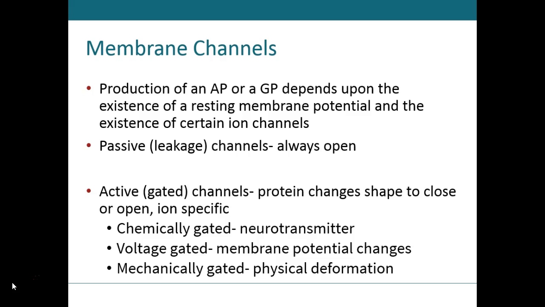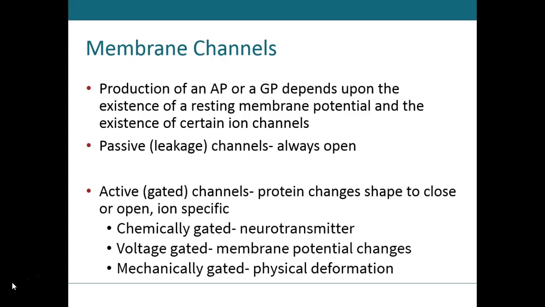Now remember that ions move from higher concentration to lower concentration, so that's the chemical part of the gradient, but also positively charged cations move toward negatively charged areas, and negatively charged anions move toward positively charged areas. So that's the electrical aspect of the gradient. As these ions move, they create a flow of electrical current that can change the membrane potential.